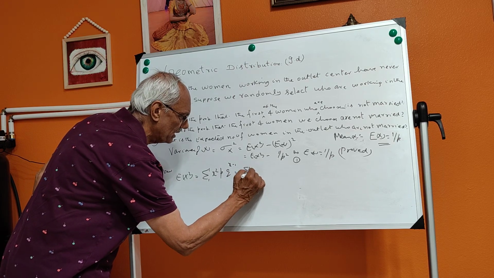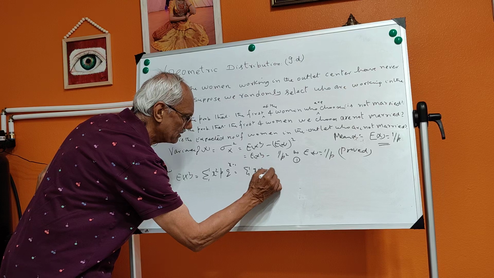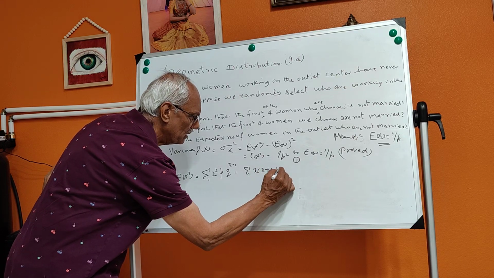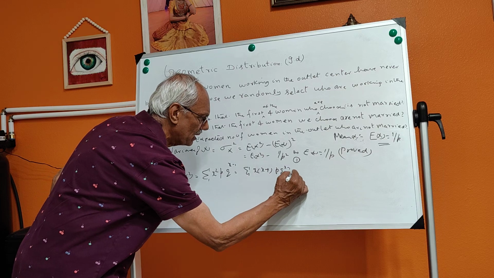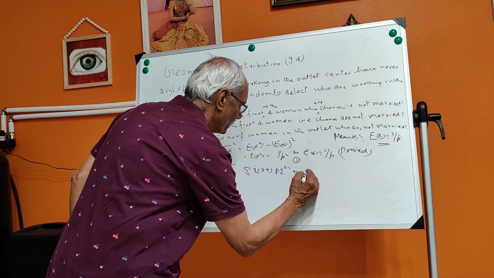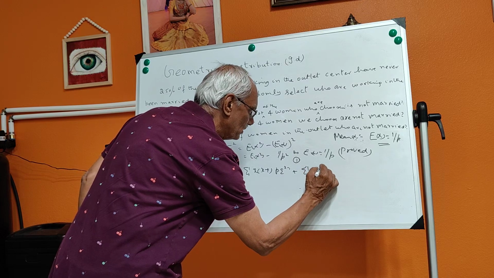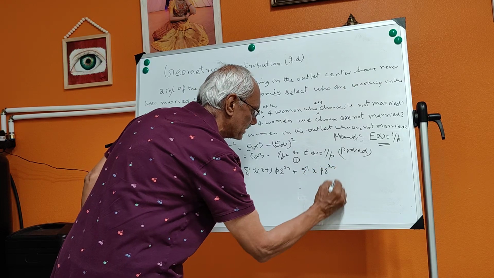So what I will do here is sigma of x into x minus 1 into p into q to the power of x minus 1, plus sigma of x into p into q to the power of x minus 1.